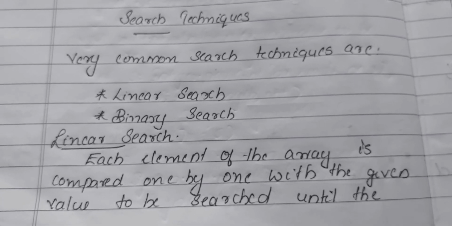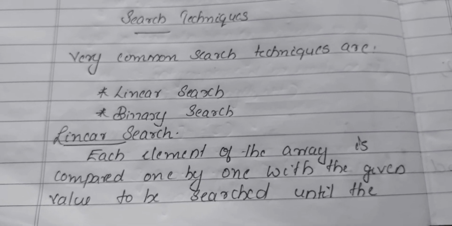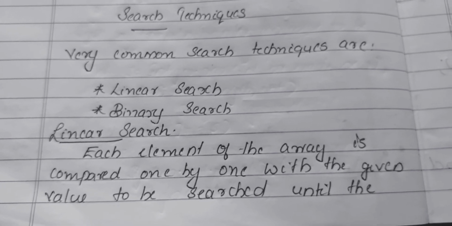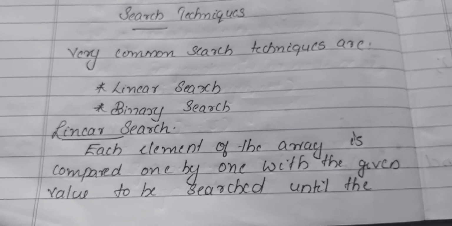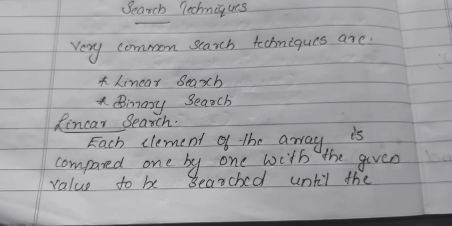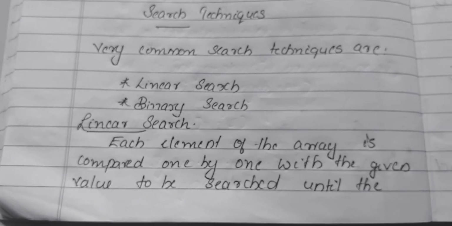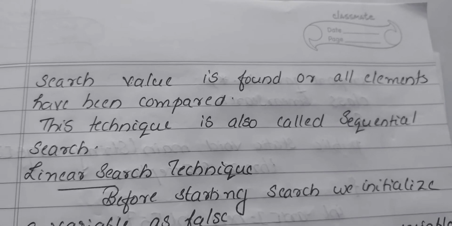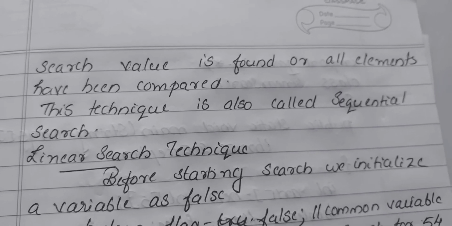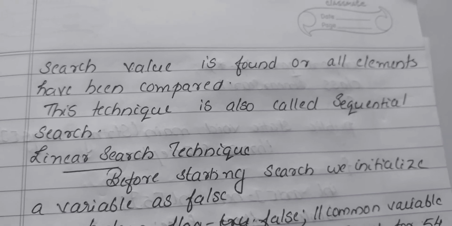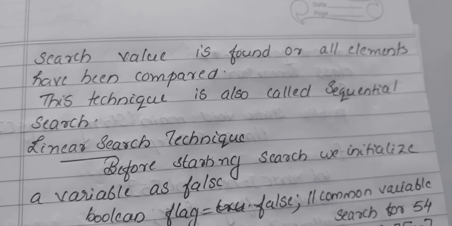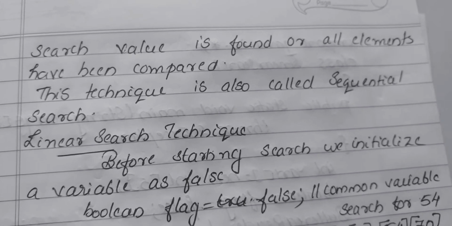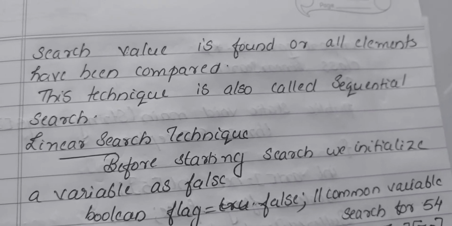In linear search, each element of the array is compared one by one with the given value to be searched until the search value is found or all elements have been compared. This type of technique is known as linear search. Linear search is also known as sequential search.